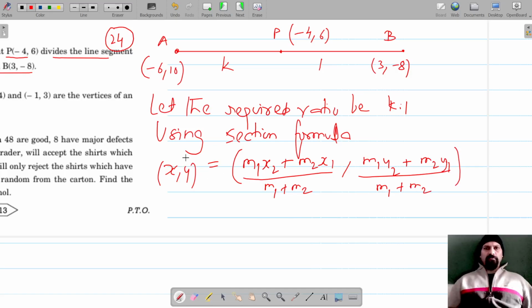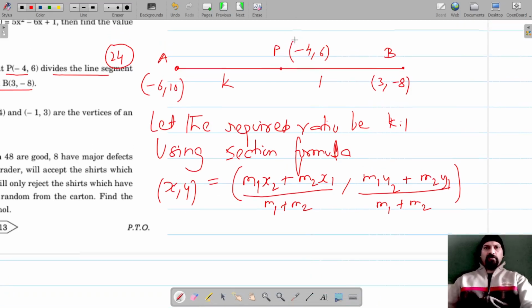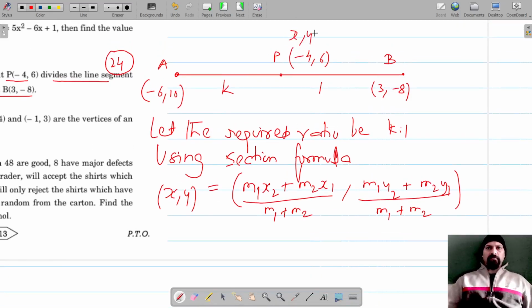So this is the section formula which gives us the coordinates of P. This is our point P (x, y), these are the points x1, y1 and x2, y2, and the ratio is k is to 1.